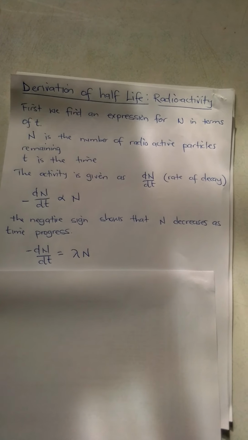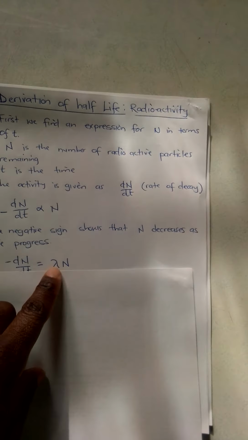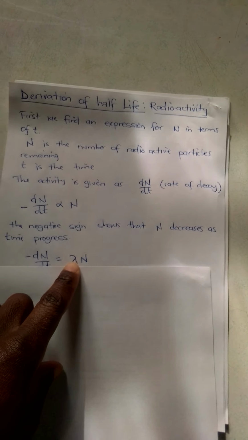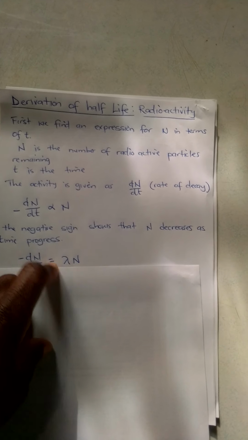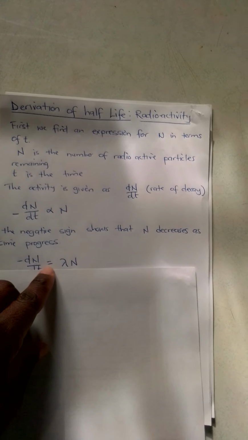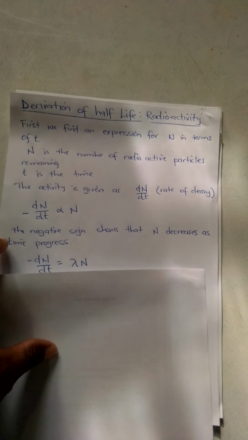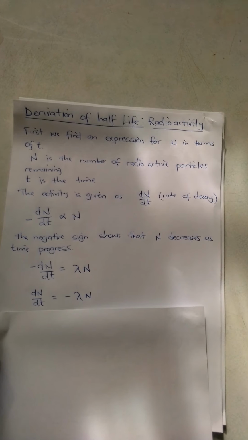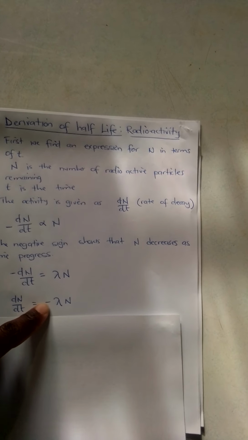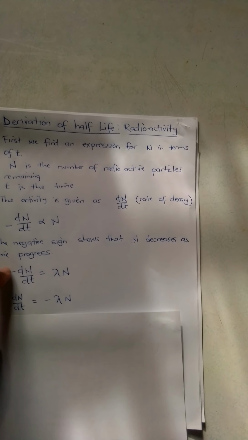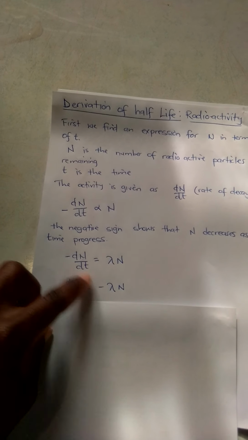So we have negative dN/dt equals lambda N. Lambda is a constant of proportionality, such that we can put an equal sign there. We're putting an equal sign, so we have to input a constant. I took the sign to the other side by multiplying both sides by negative.